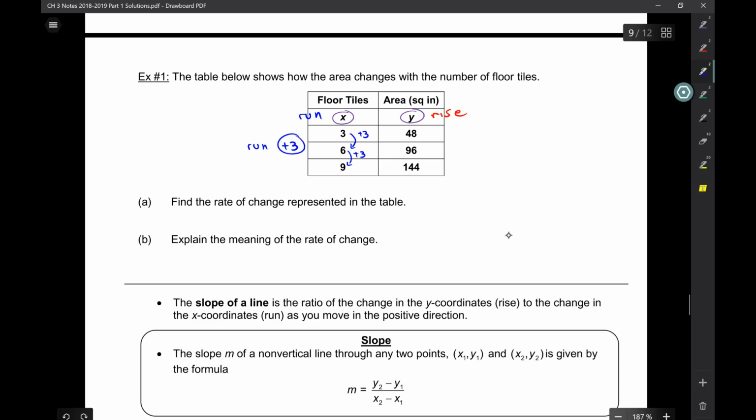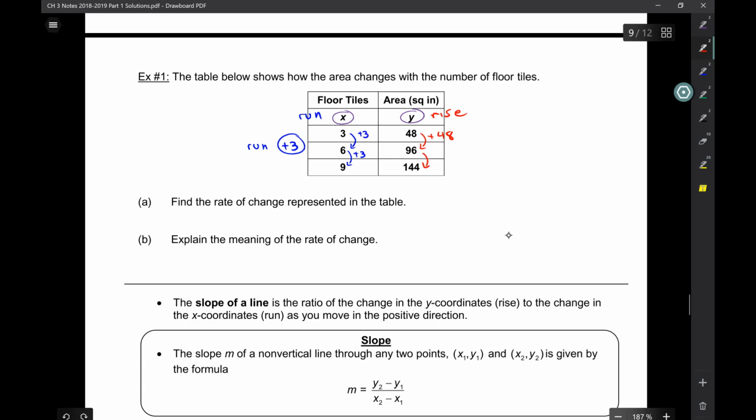Okay? What about the rise? From here to here, it's plus how many? Well, you can use your calculator. How would you figure out how much it's increasing by? 96 minus 48. What will that be? 48.